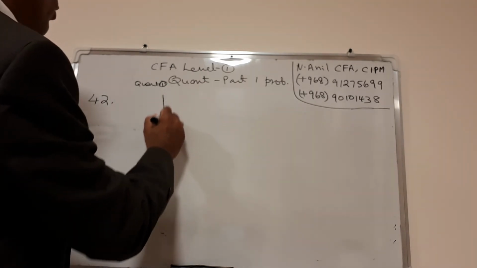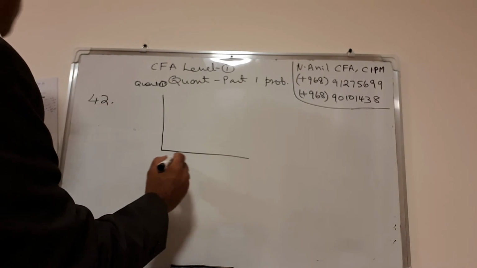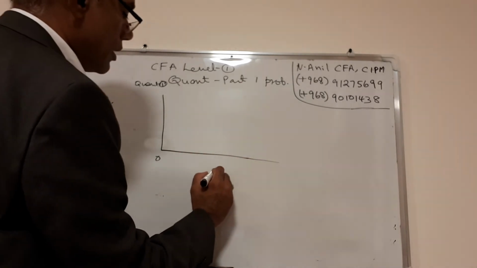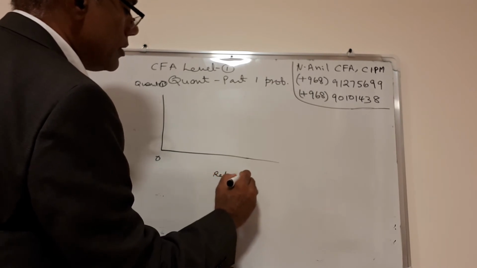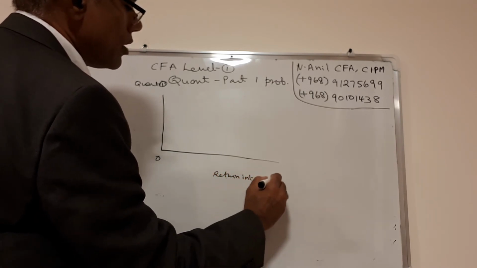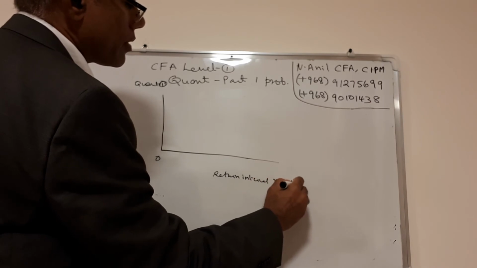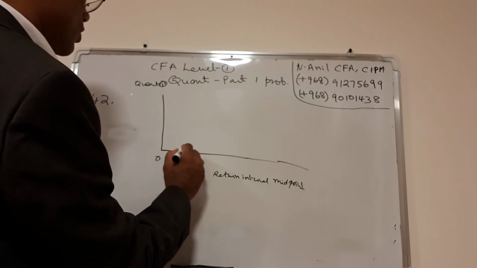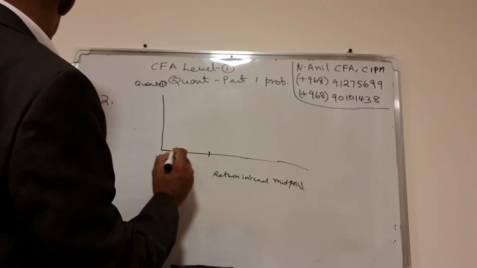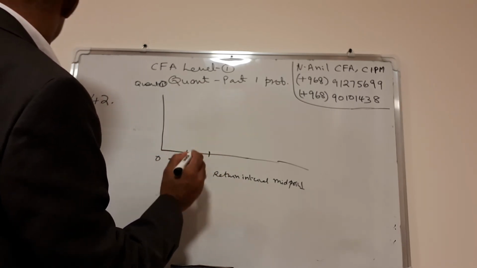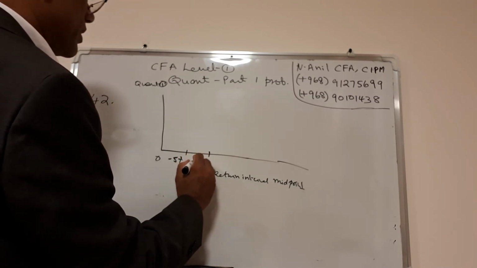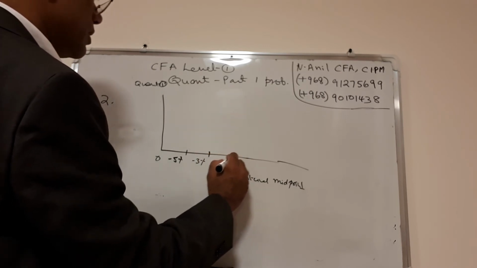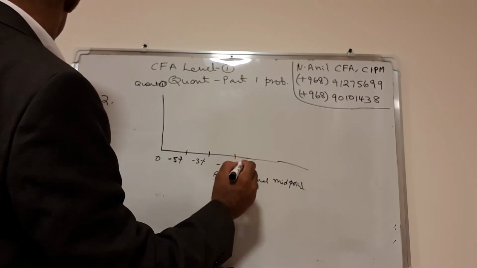This is a frequency polygon, a line, showing the return interval midpoints: minus 5%, minus 3%, minus 1%.